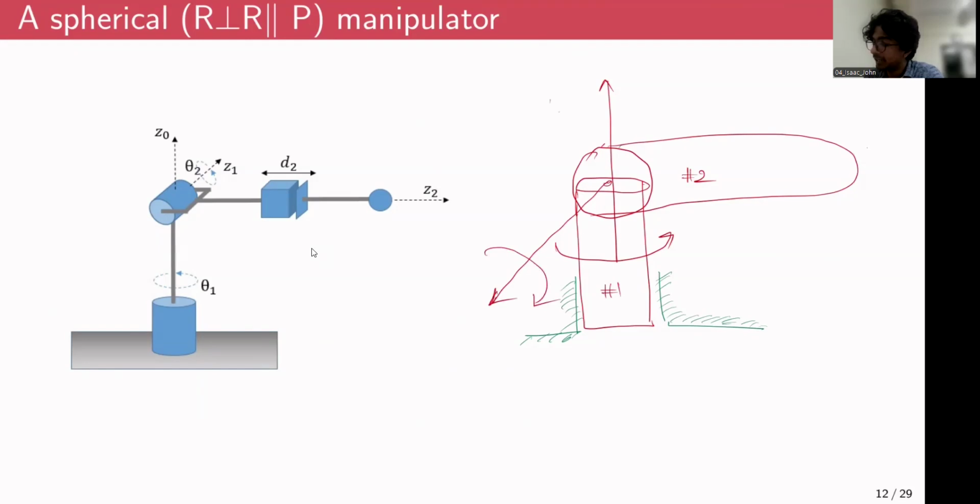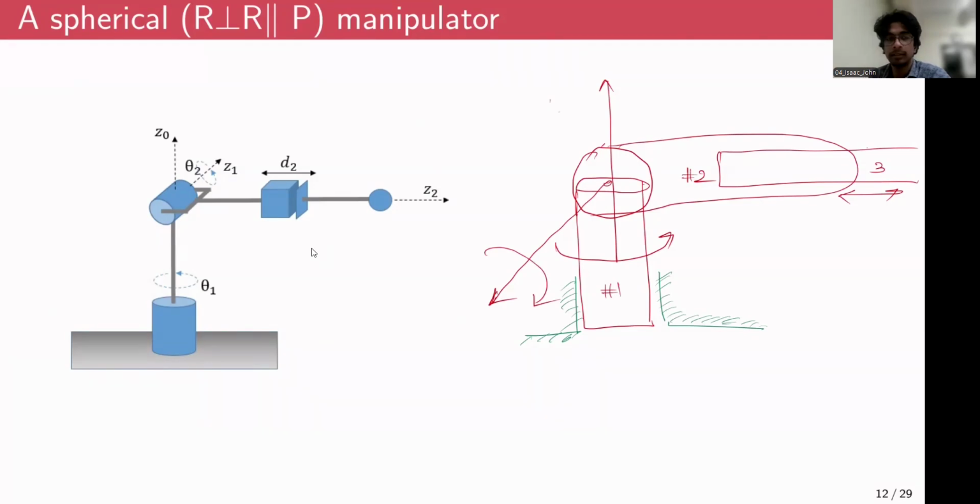And inside the second link, you have a cylinder. I call this the third link, which can move back and forth, inside and outside this link. So if this is how the manipulator would look, how would you assign the DH frames?